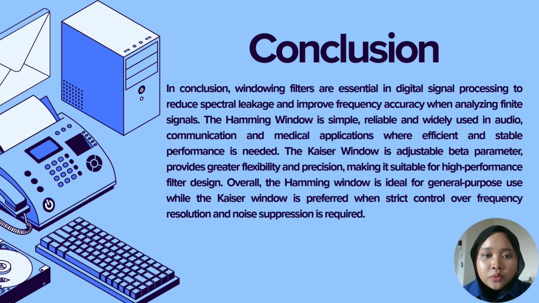The Kaiser window with its adjustable beta parameter provides greater flexibility and precision, making it suitable for high-performance filter design. Overall, the Hamming window is ideal for general purpose use, while the Kaiser window is preferred when strict control over frequency resolution and noise suppression is required.